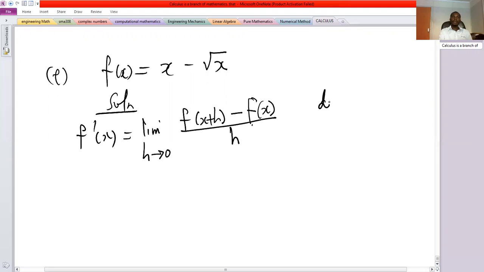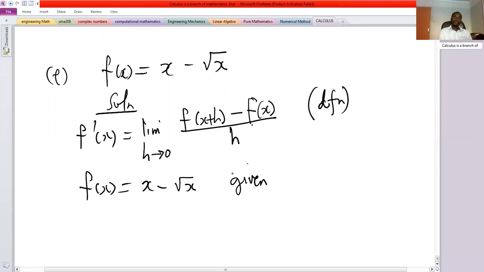This is by definition. And then f of x is x minus root x, which is already given in the equation. And f of x plus h will be x plus h minus the square root of x plus h.